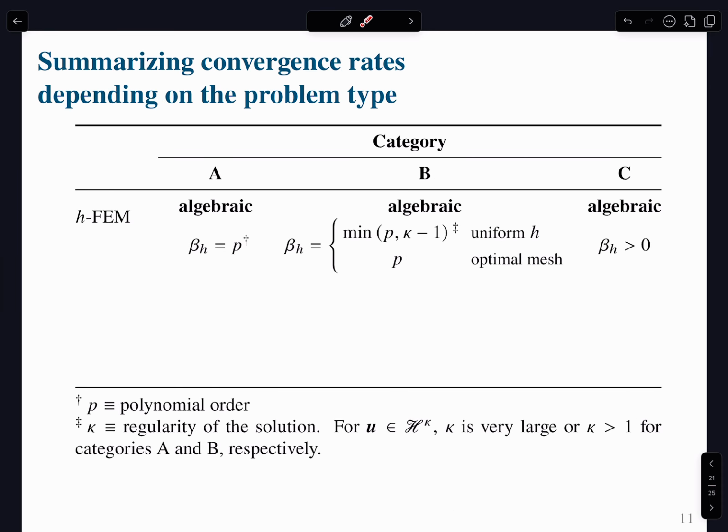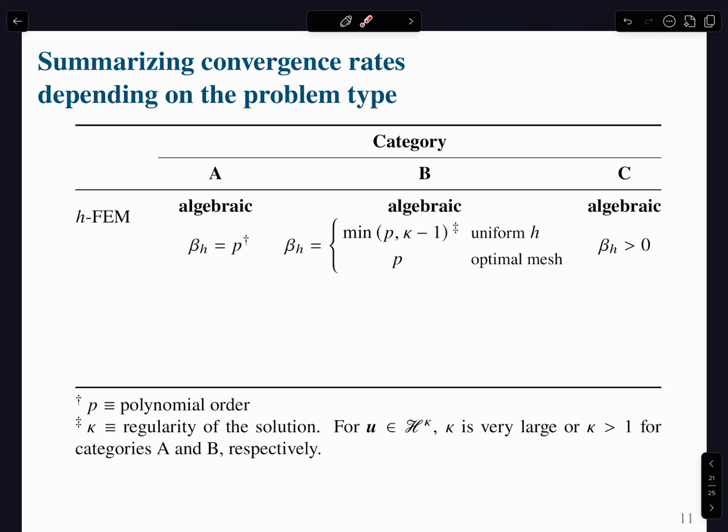All right. So let's make a summary. Here, K is the so-called regularity of the solution, the exact solution as we discussed. So for very, very smooth problems, K is going to be very large, right?